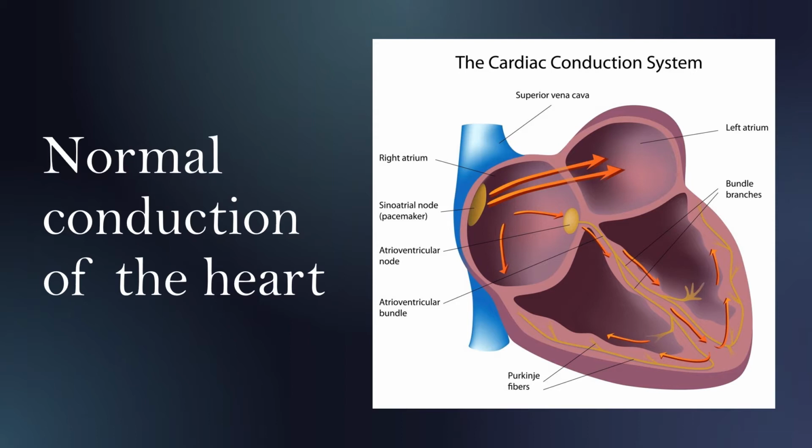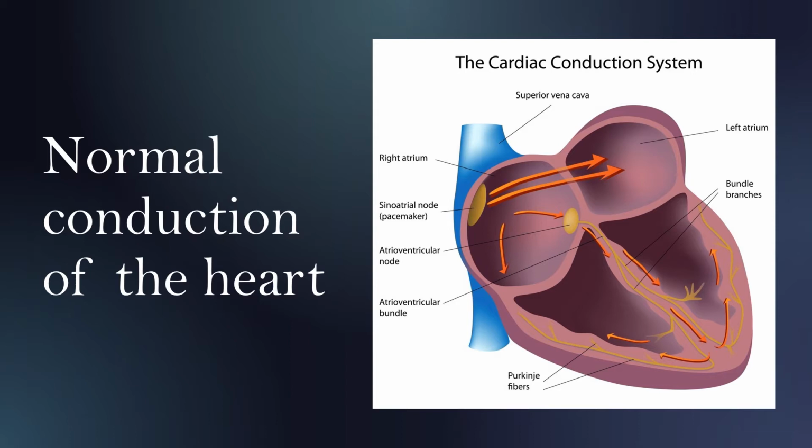Each of the cells in your heart has a different rate of depolarization, so you have different rates of action potentials. The SA node produces between 70 to 80 action potentials per minute. The AV node produces between 40 to 60 action potentials per minute.